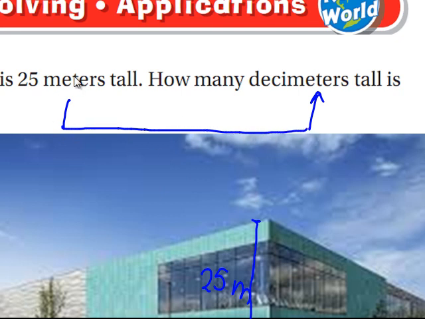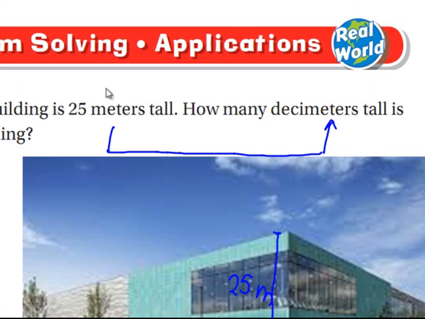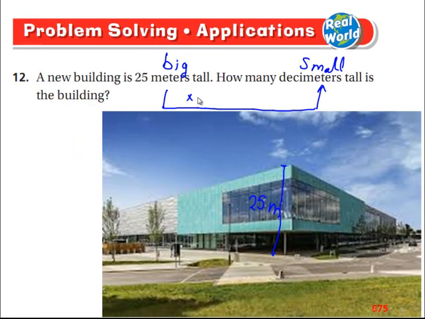Ask yourself, which is the biggest unit? The big unit is meter, and the small unit is decimeter. Great job. When you want to convert from big to small, you should multiply or divide. Big to small, multiply. Multiply by what?